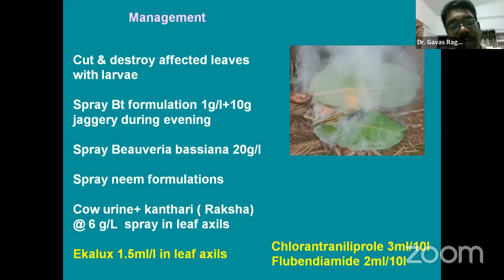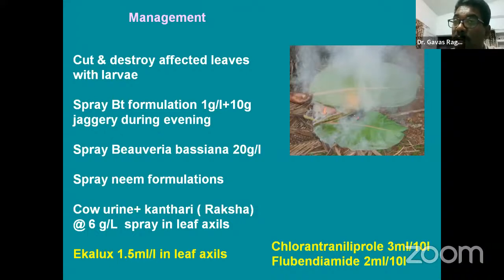We can also spray neem formulations. Please remember, the neem formulations available in the market are given in concentrations of 150 to 300 ppm azadirachtin, 1500 ppm azadirachtin, and 10,000 ppm azadirachtin.